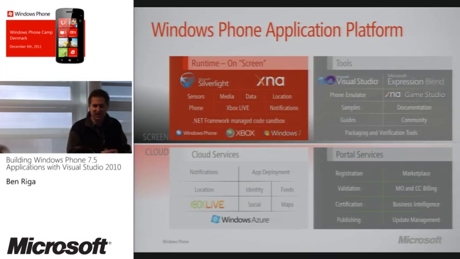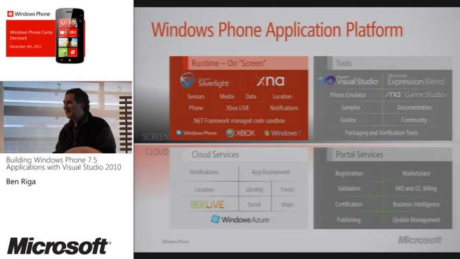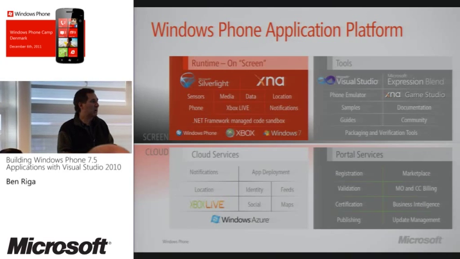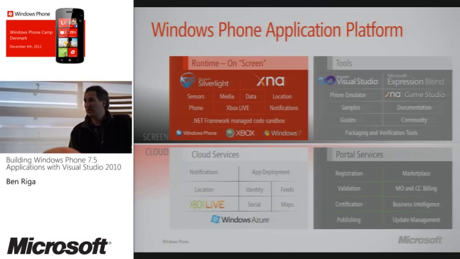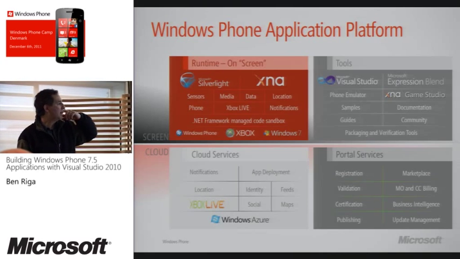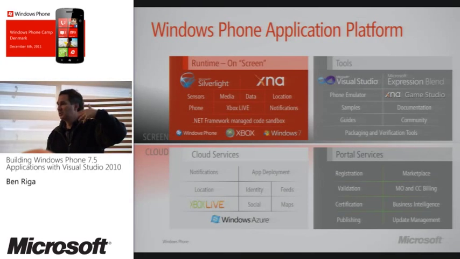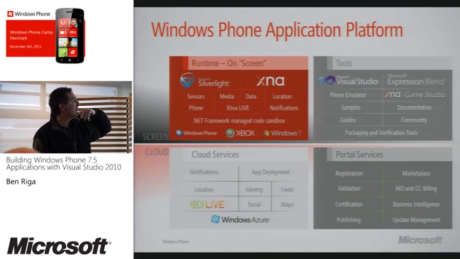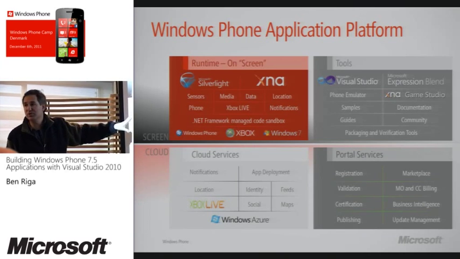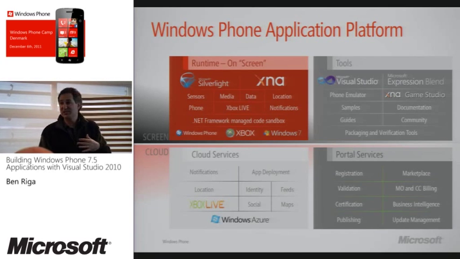Okay, so let's start with the Windows Phone application platform. You can think of the platform divided up into two areas. One is the stuff that's in the cloud that you're going to access via web services in one way or another. And then the other stuff is on your desktop that you're going to use to develop. If you look at the cloud services, there are certain cloud services that you will use to develop your application, and there are cloud services that we provide.